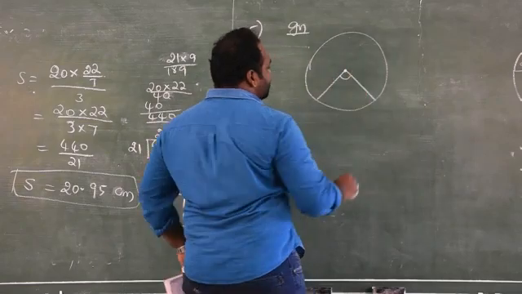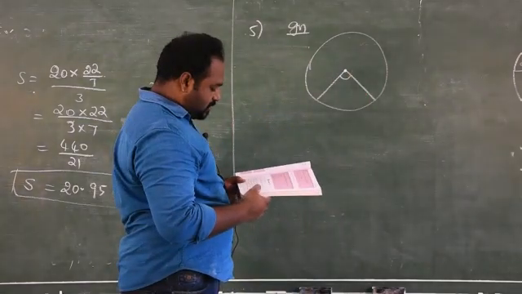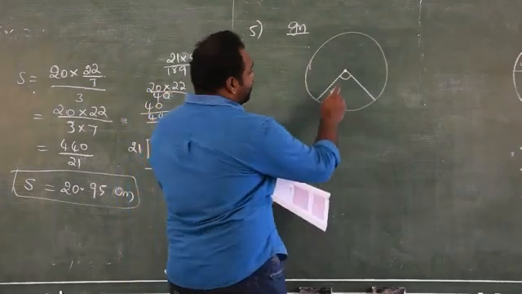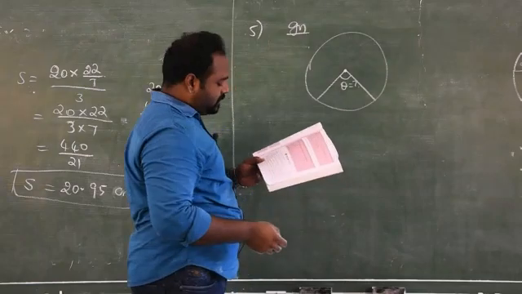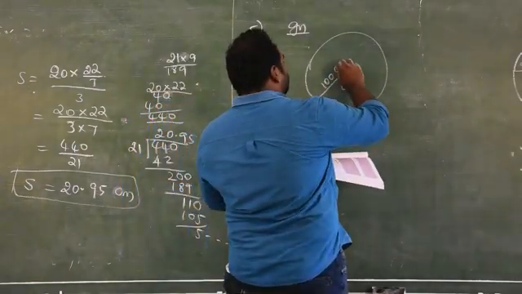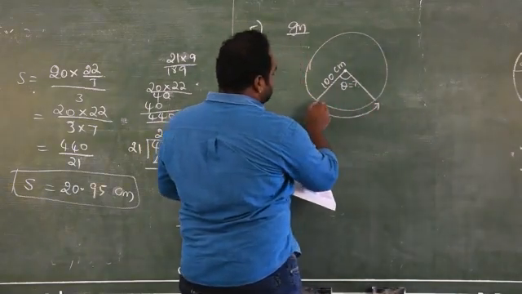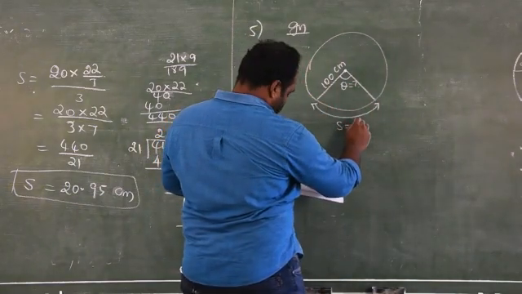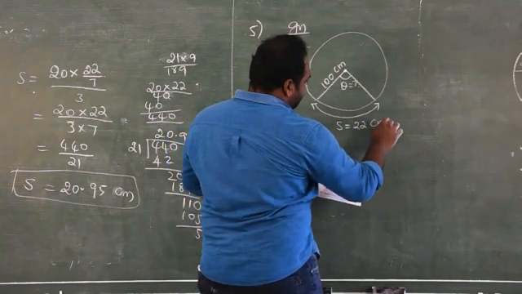Sorry, this angle they are asking to find out. The center angle they are asking to find out. Radius is given, 100 centimeter is given. The length of this minor arc is given. S is equal to 22 centimeter is given.